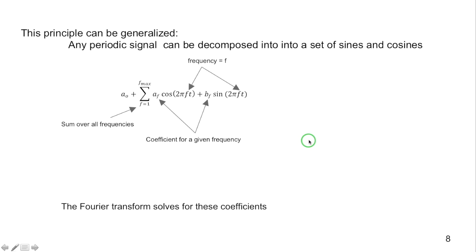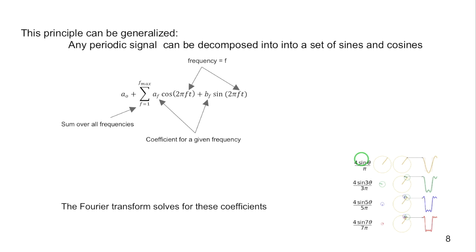And one further note: how many frequencies do we need to loop over in order to get a sufficient number? Well, there is a convergence, where you have diminishing returns for additional frequencies.